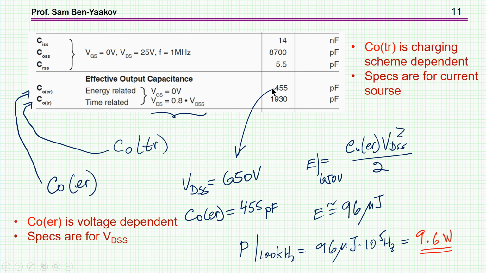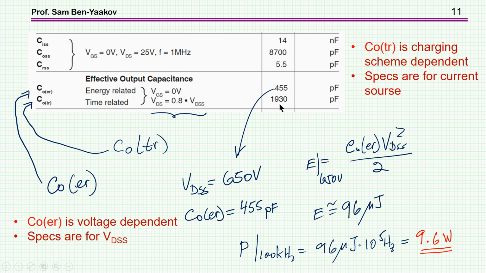And the energy stored in such a linear capacitor will be the same as the energy stored in the output capacitance of the transistor. And then we have this time-related C out, that is for the 0.8 of VDSS, the intersection with the actual behavior of the transistor at 0.8 of VDSS, and this is 1930.